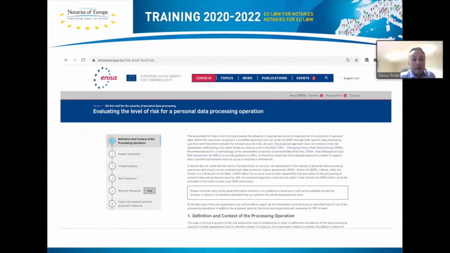Of course, this automatic tool can be used in case of data protection impact assessments, when we want to evaluate the personal data security side. So this is a very useful automatic tool, and I recommend using it in practice.